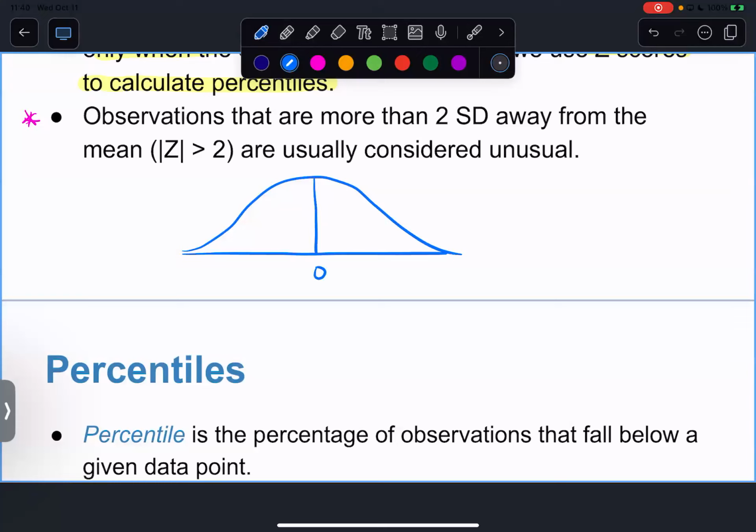Centered on 0, I'm drawing the standard normal distribution, right? With a standard deviation of 1, because it's easier, right? If I've gone to Z equal to negative 12, yikes. That would be nuts. It can happen, but it's unlikely.